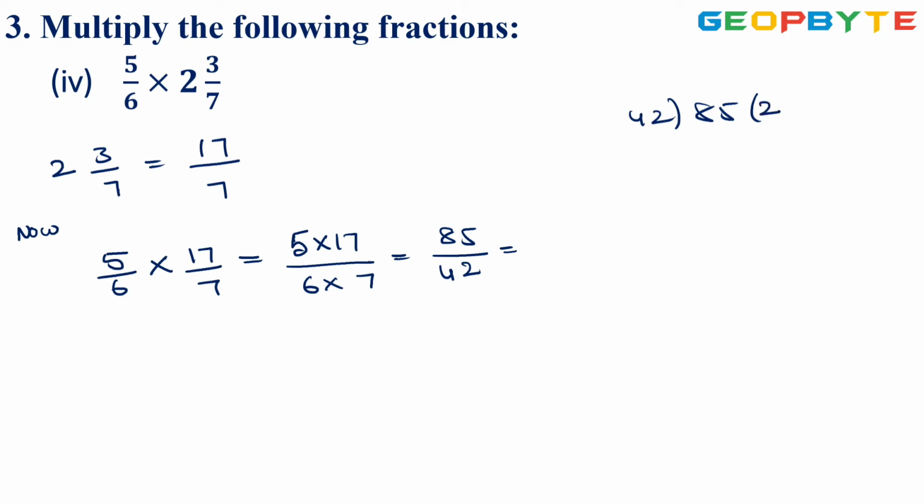So 42 2s are 84 and the remainder is 1. So we can write it as 2 1 by denominator 42. So 2 1 by 42. The result of 5 by 6 into 2 3 by 7 is 2 1 by 42.